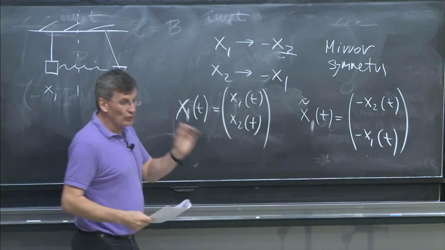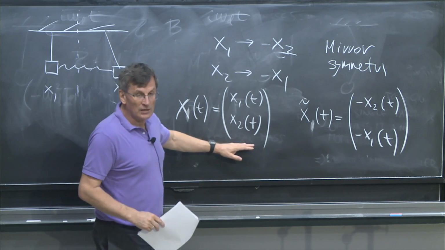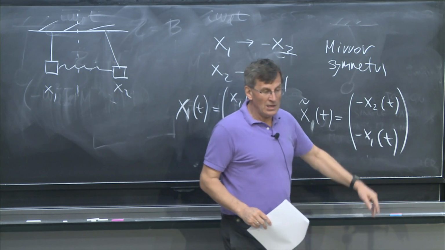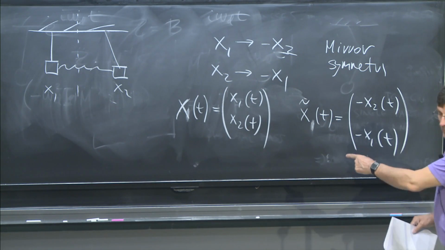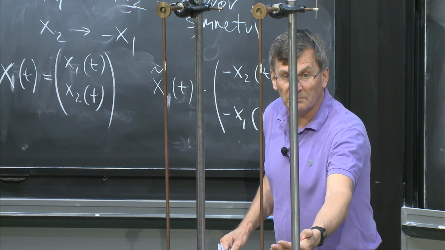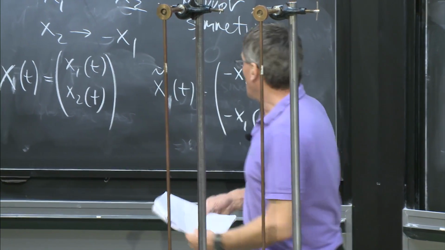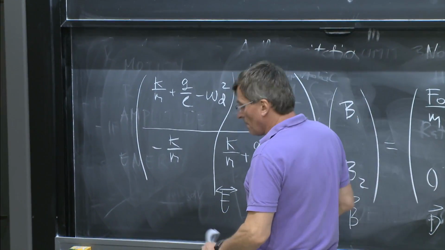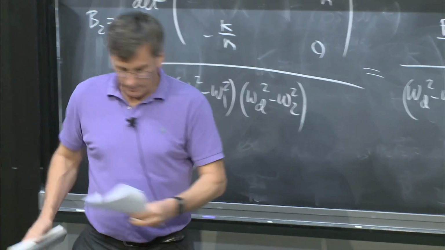And I know for sure that if this is a correct solution, this is also a correct solution. Why? Because he did x, and I did x tilde. But the system is the same. Completely identical. And you don't have to know anything about masses, lengths, springs, anything like that, just the symmetry.